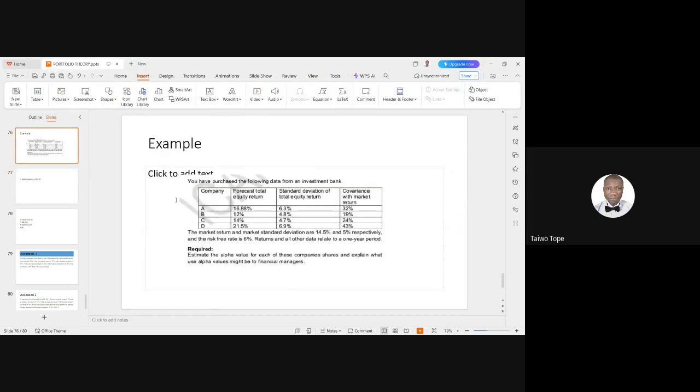Now, for company A, please write this down. What will be the beta for company A? The formula for beta is what? Covariance with market over market variance.